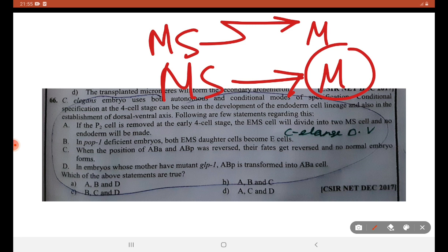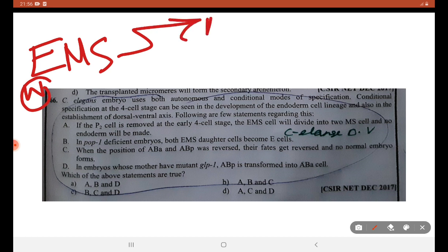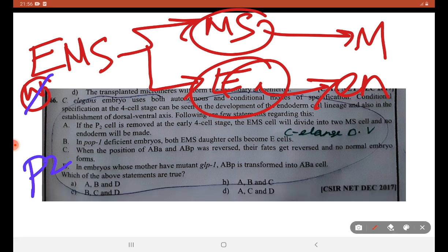Otherwise, if P2 is not removed, consider the wild type case. EMS cell will give rise to MS and E. MS will form mesoderm and E will give rise to intestine, that is endoderm. If P2 is removed, what will happen then?